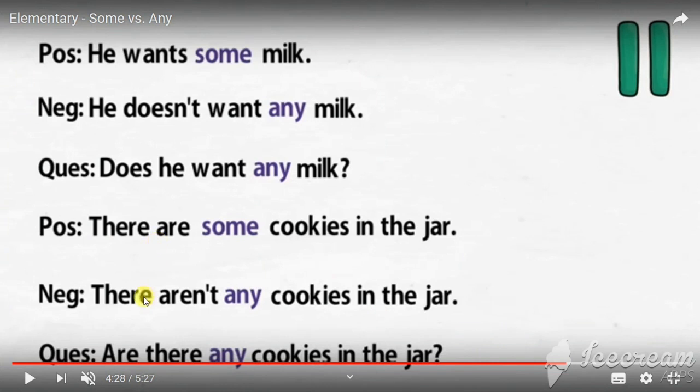So we make it negative by adding not, but when the sentence becomes negative, we can't use some because some is used with positive sentences only. So we change some into any. There aren't any cookies in the jar. Also in the question: are there any cookies in the jar?